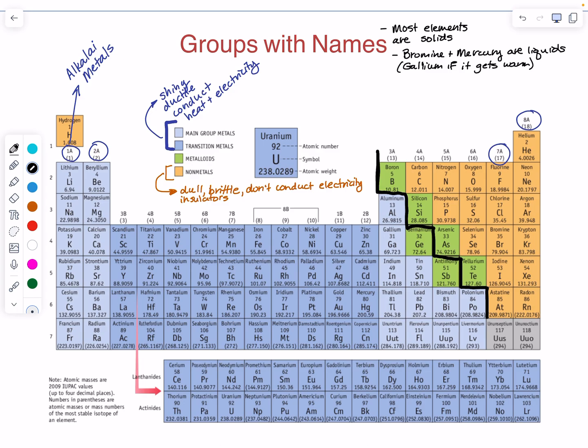All right. Now, there's a number of elements that exist as gases, and that gets us to the next one of our groups with names, and that is group 8A over here. They're called the noble or inert gases.